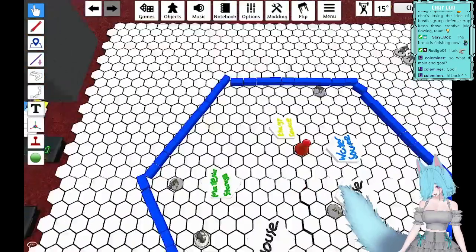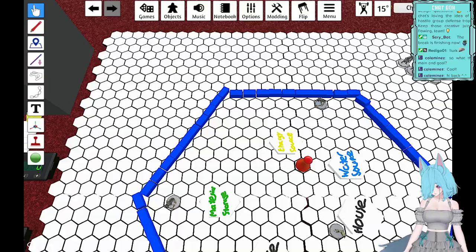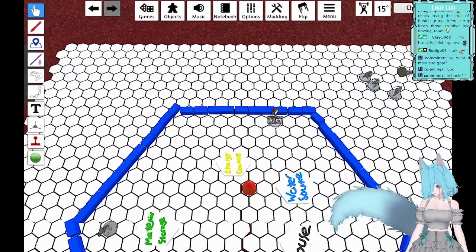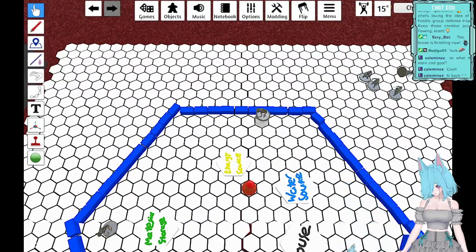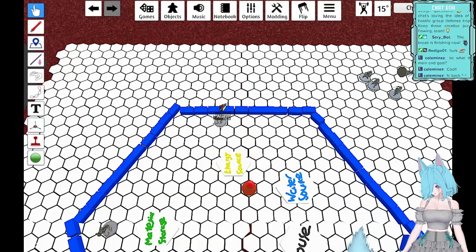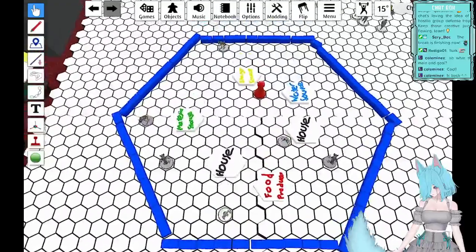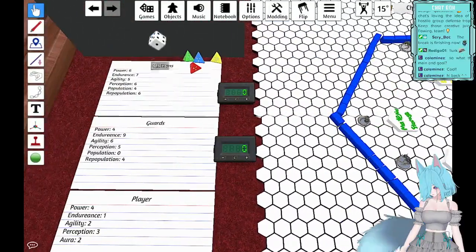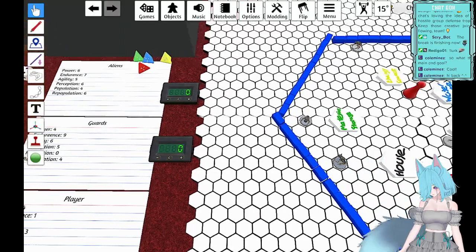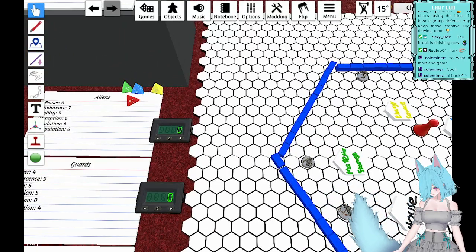Perception 6. 1, 2, 3, 4, 5, 6. You actually don't see the wall. So you're just gonna walk. 1, 2, 3, 4, 5. You, however, do see the wall in front of you. One, 2, 3, 4.